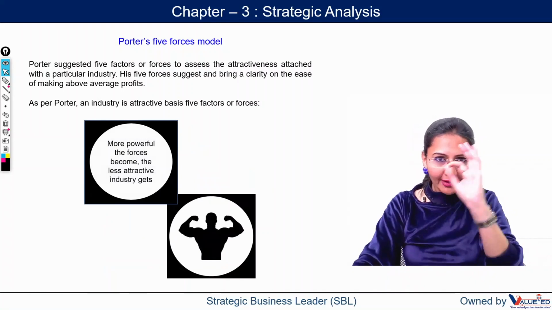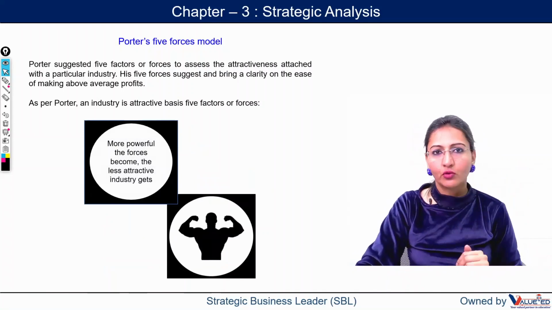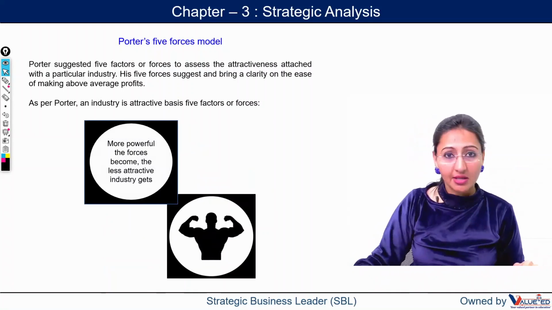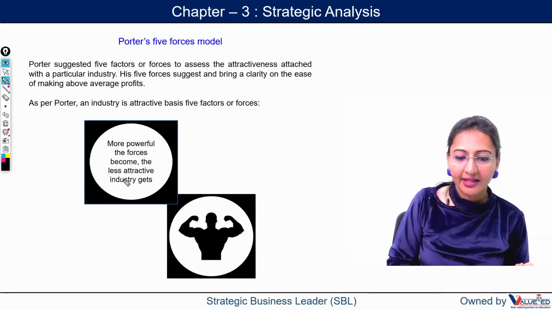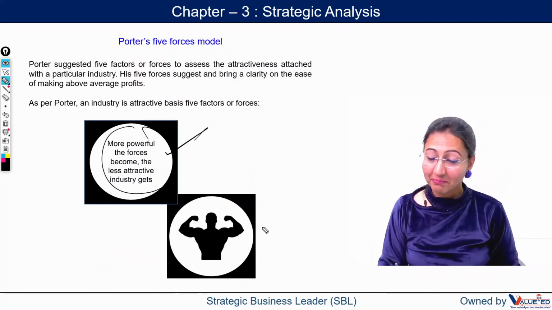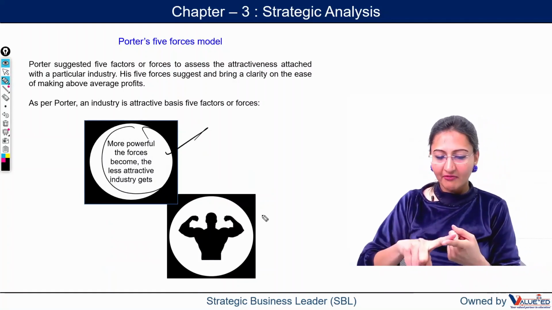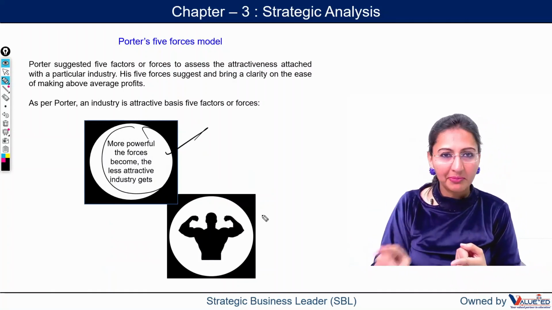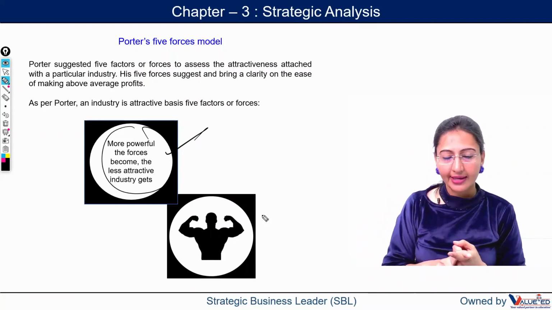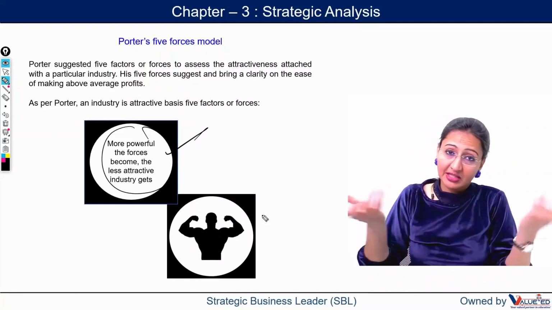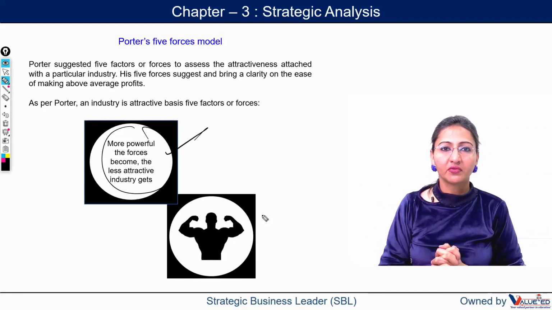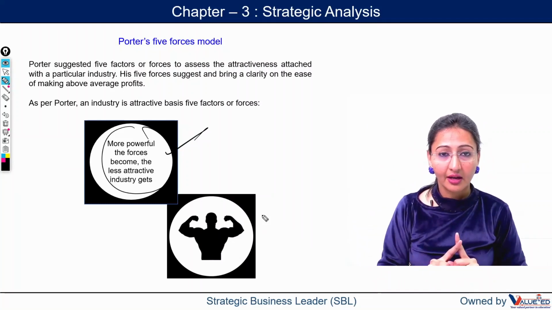There is one common saying with Porter's 5 forces: the more powerful the forces are, the less attractive that industry becomes. It means buyers are very powerful, suppliers are very powerful, competitive rivalry is on the high side, substitute risk is very much there, and new entrants can enter the market at any point of time. That means all these 5 factors are very powerful.